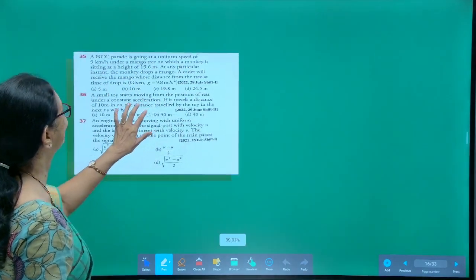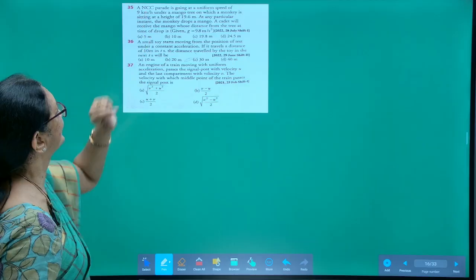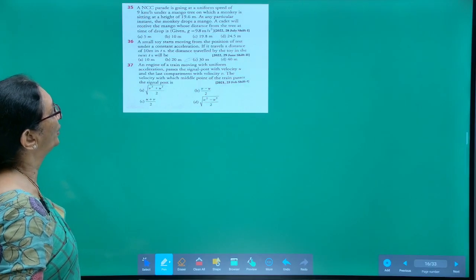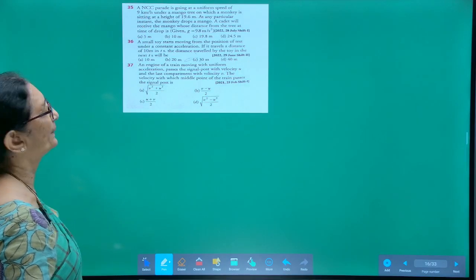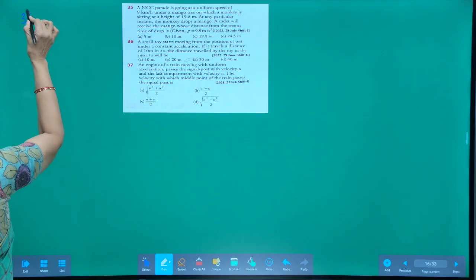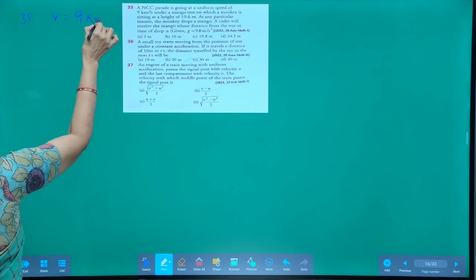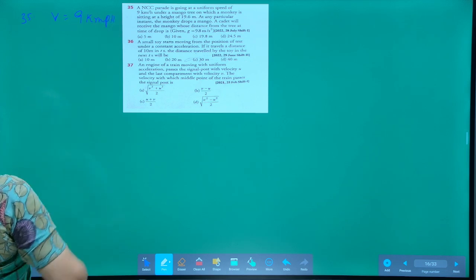Look here. This is an interesting problem. An NCC cadet is going at a uniform speed of 9 kmph. So the velocity of that NCC cadet is 9 kmph. Right?